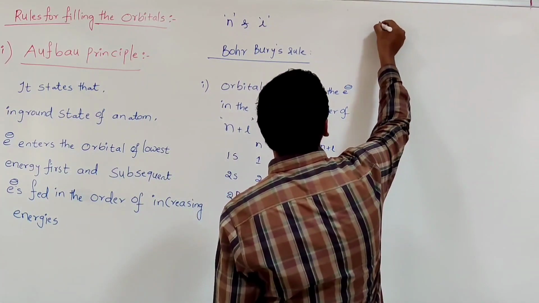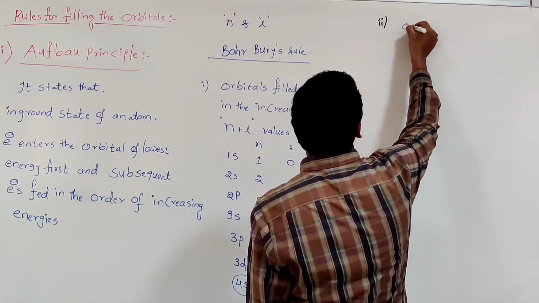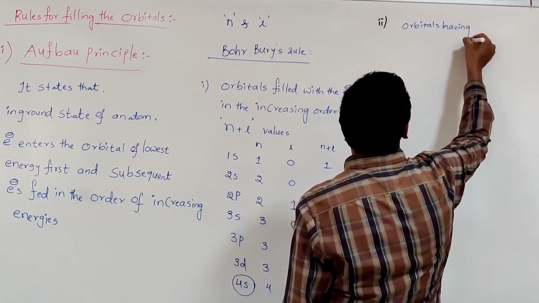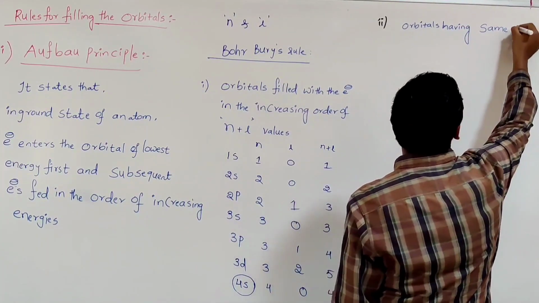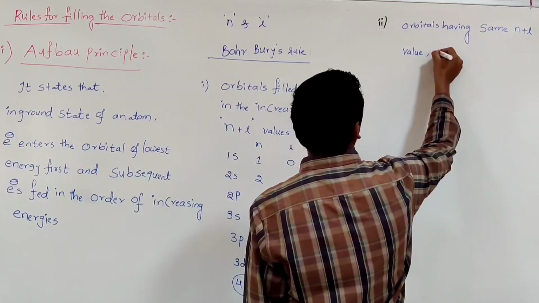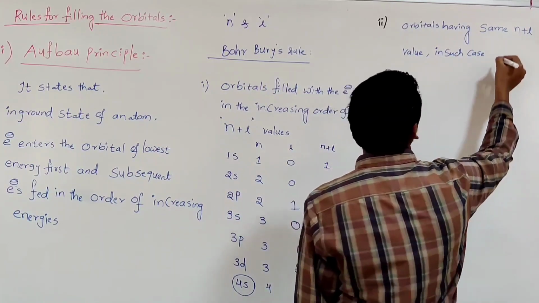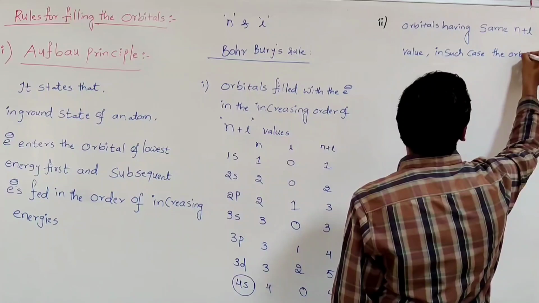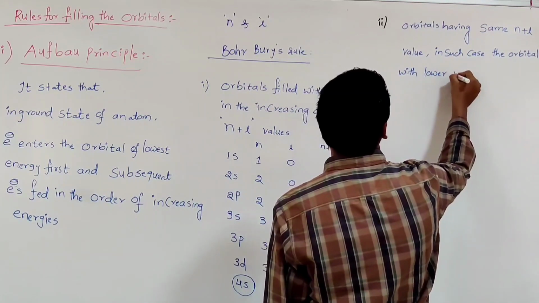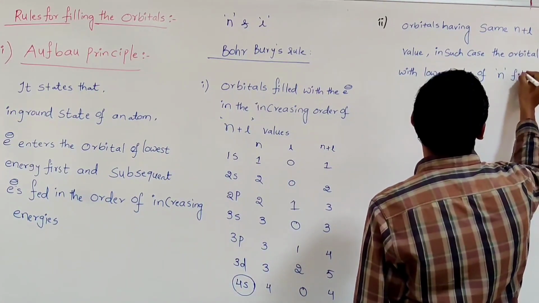And the second point is, in some cases, suppose if orbitals are having the same n plus l value, in such a case, the orbital with the lower value of n is filled first.